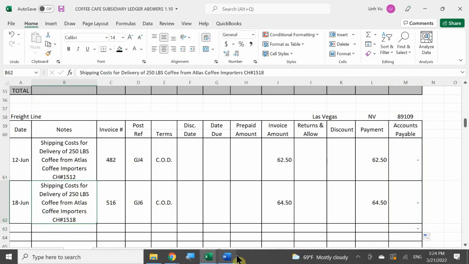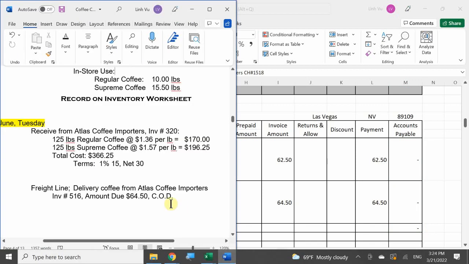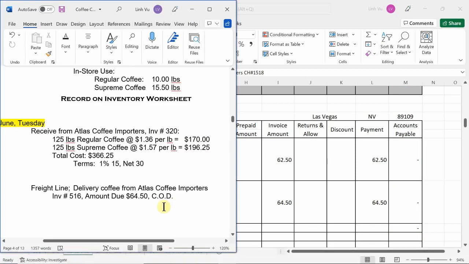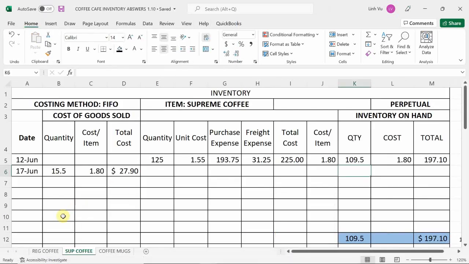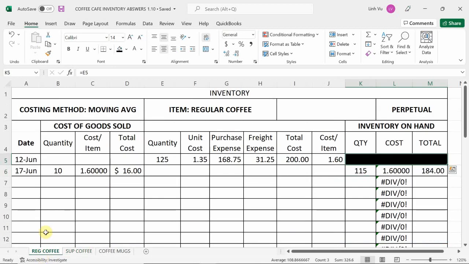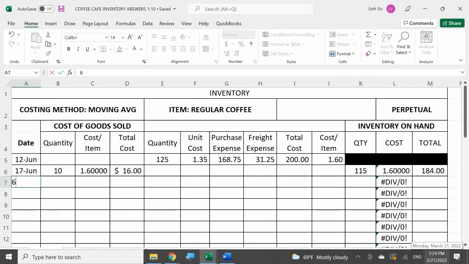So now we can go ahead and enter in our values into our inventory worksheet. Okay. Starting with regular coffee, it is the 18 now. Okay.